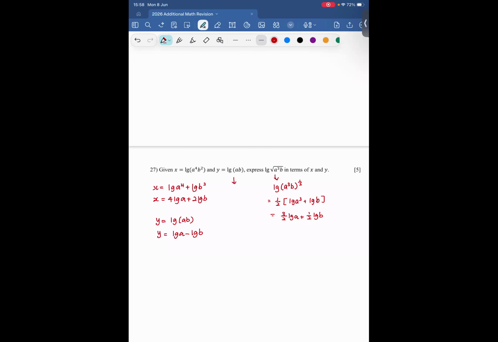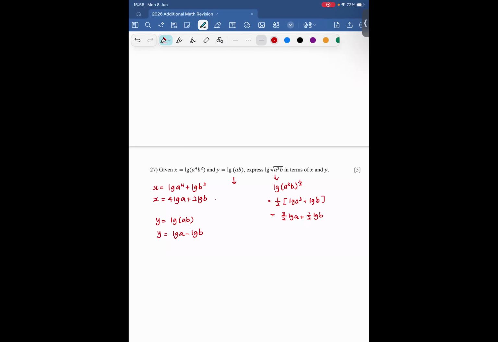So now our objective is to see whether we can directly get that one or not. If cannot directly get that one, then we have to find log a and log b separately. It seems like, can we? I don't think we can. So we have to solve for log a and log b.